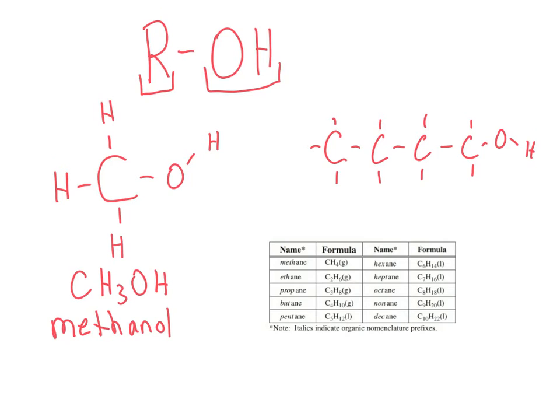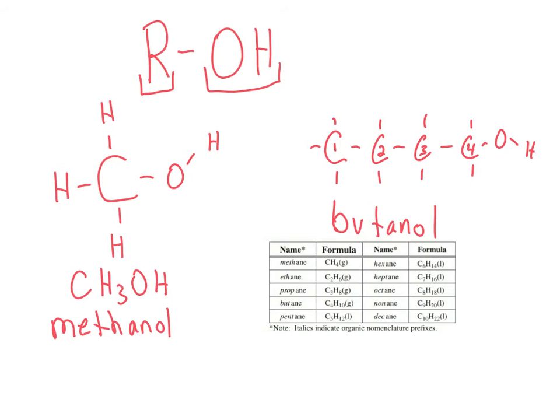We take a look and we see that there is 1, 2, 3, 4 carbons. We go down to the bottom here, we find our 4 carbons right there, and this would be called butane. But it is not butane because there is an OH group on it. And so very simply, we are just going to be calling this butanol.